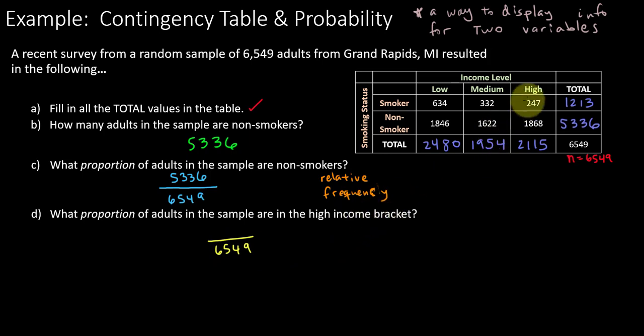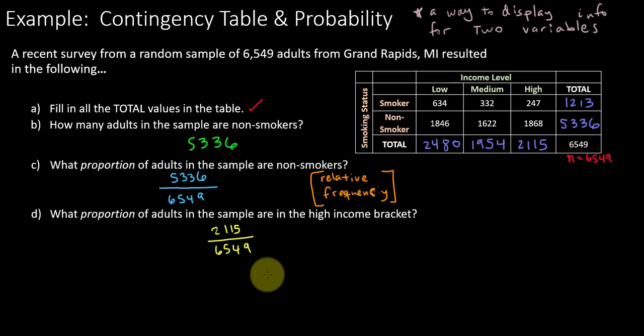And high income, that is 2,115. Cool. So we actually haven't been asking any of these questions in terms of probability. These have been observed proportions from the sample. This is basically relative frequency.